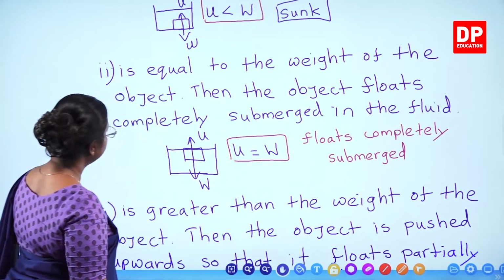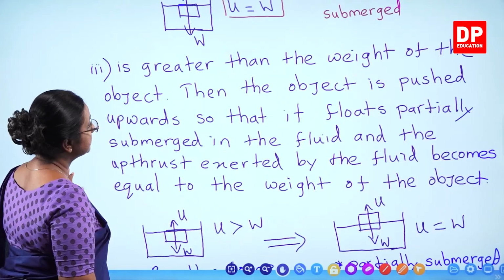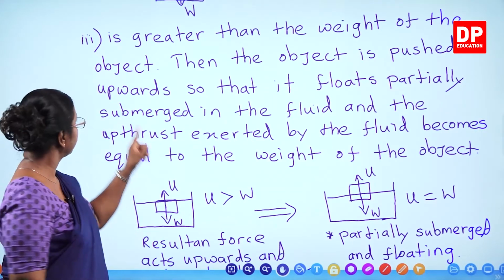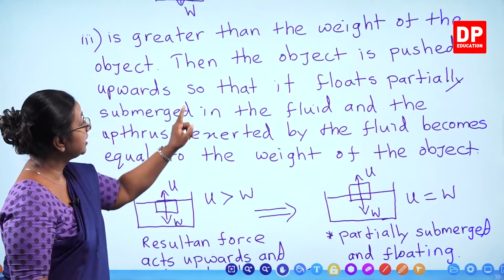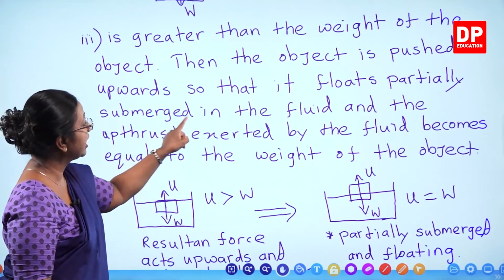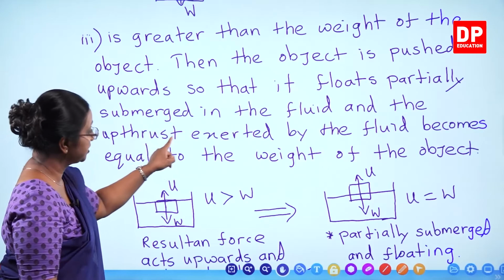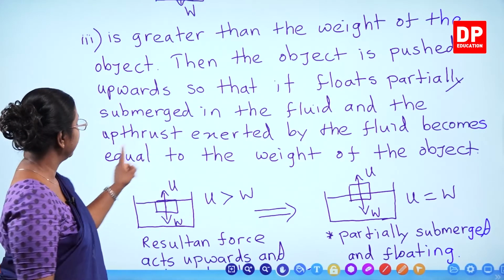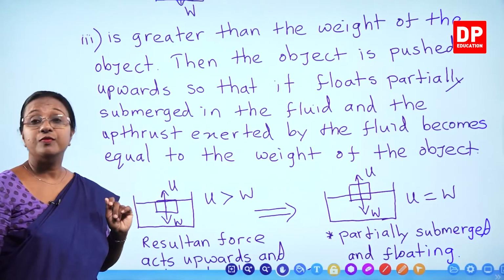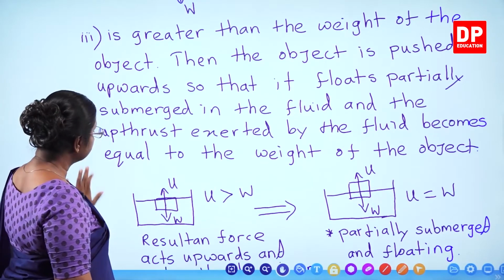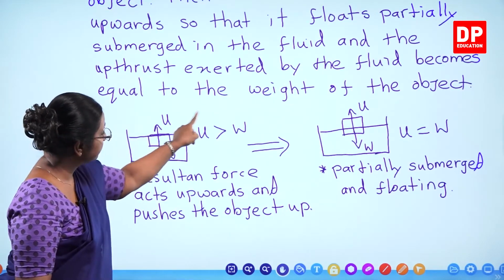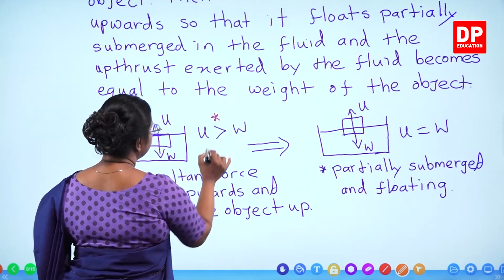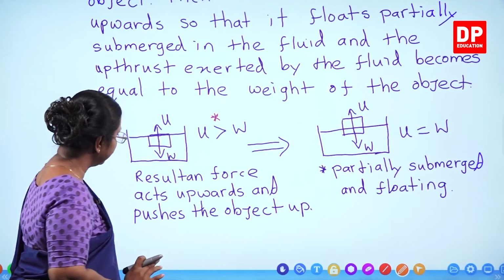And finally, the third instance, where the upthrust is greater than the weight of the object, then the object is pushed upward so that it floats partially submerged in the fluid, and the upthrust exerted by the fluid becomes equal to the weight of the object. So here, when the upthrust is greater than the weight, there is a force acting upwards.